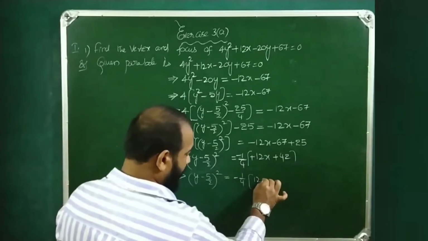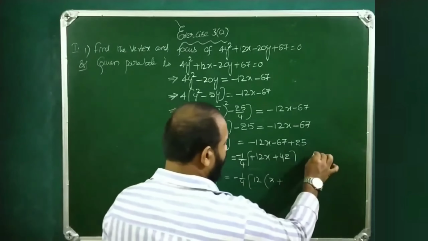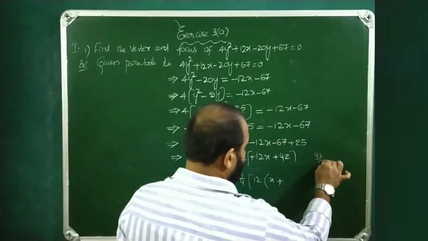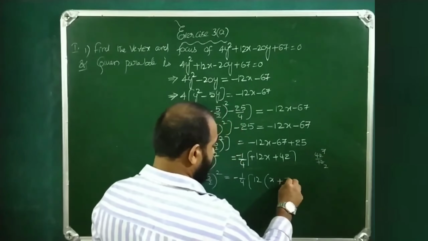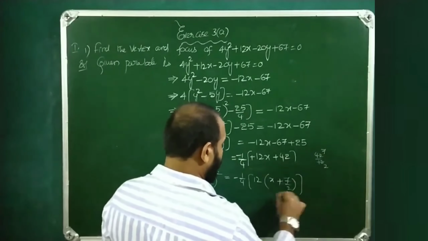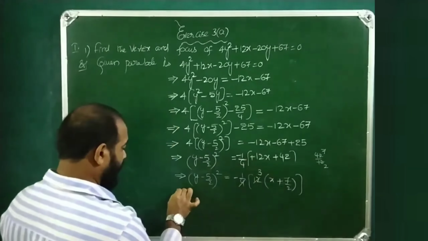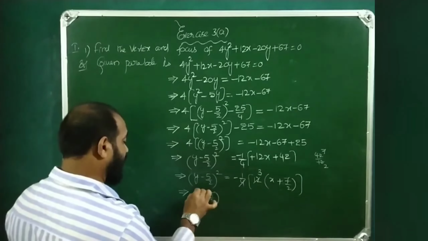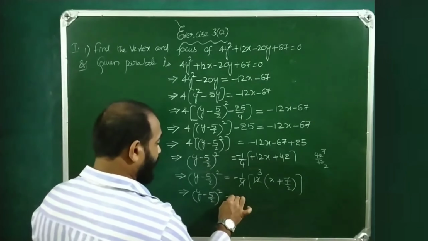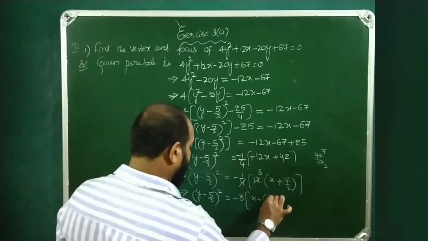If I take common, then this is x plus 42 by 12. So 6 2s, 6 7s, this is plus 7 by 2. 4 3s are 12. This implies y minus 5 by 2 whole square equals minus 3 into x minus of minus 7 by 2.